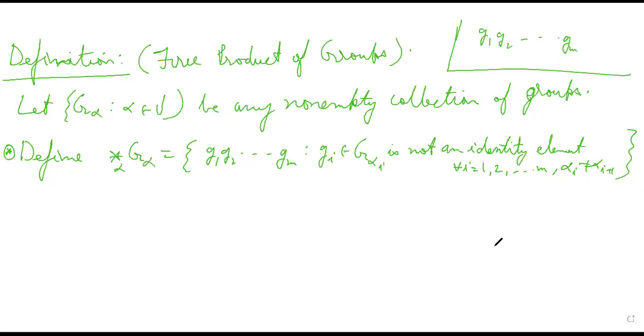When you write some words, you write these letters side by side in some order, and then you get some word. So this is just a collection of words. In a word, you will have finitely many letters. So this is a collection of words where letters come from these G_alpha.